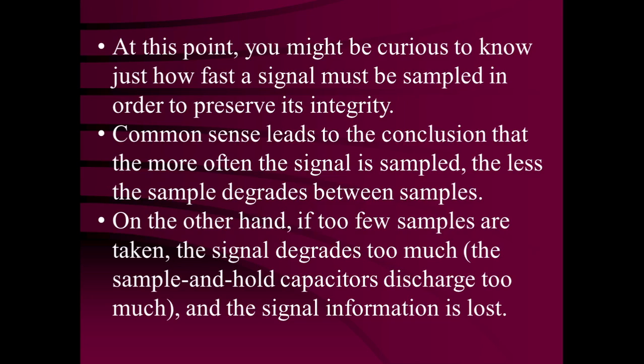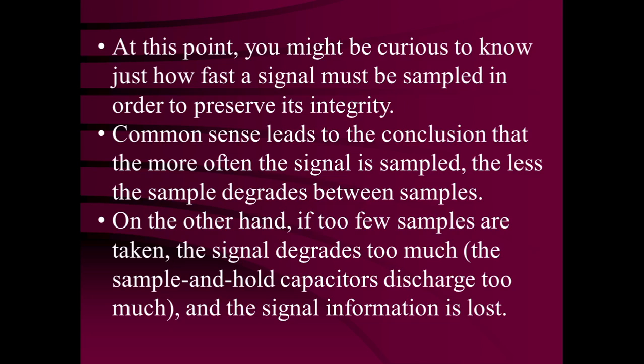So if digital information is sampled more often, degradation of the capacitor is less and less, and it will hold that information for a long period of time and remain constant. So more sampling is required.